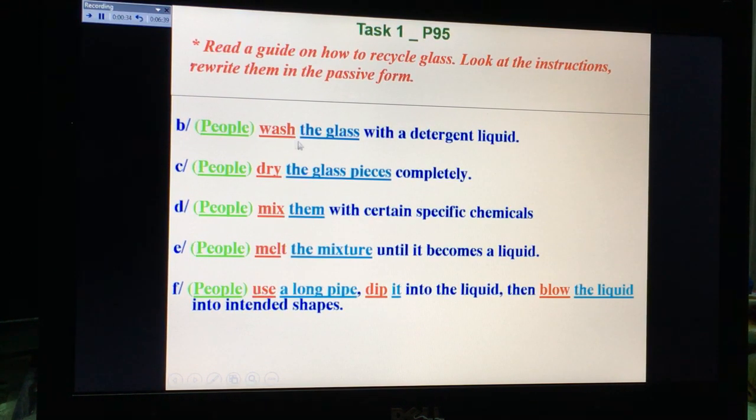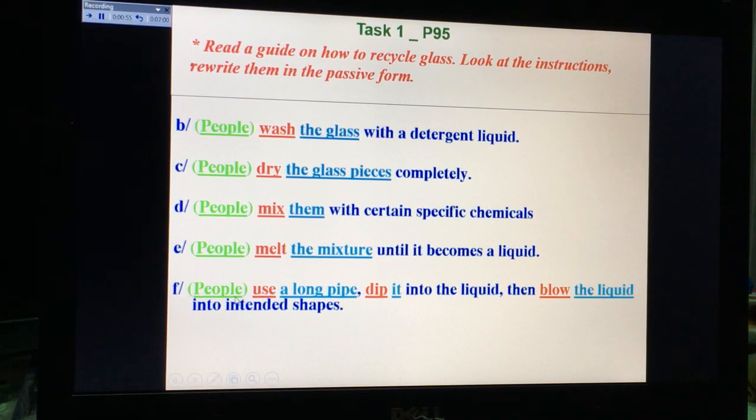People wash the glass with the detergent liquid. Sentence C, people dry the glass pieces completely. Sentence D, people mix them with certain specific chemicals. Sentence E, people melt the mixture until it becomes a liquid.